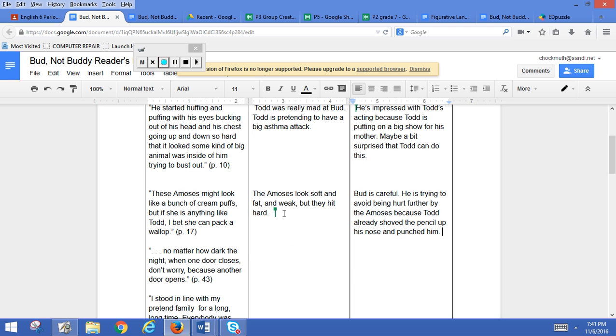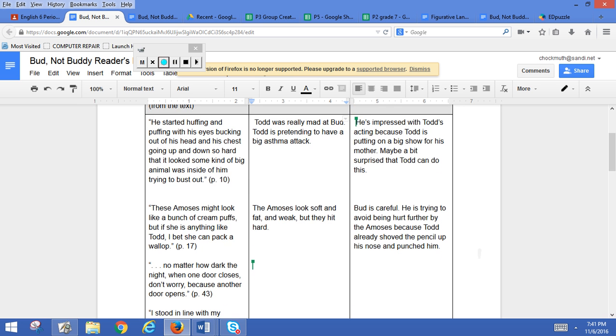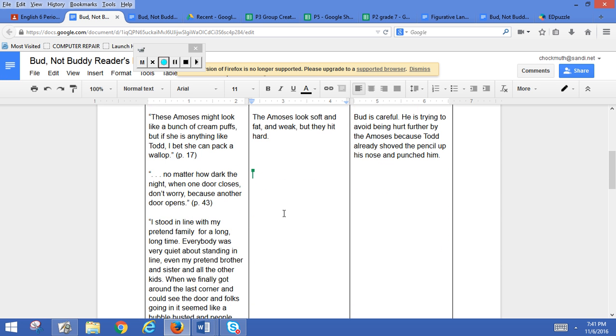Okay, now what you should do is talk to a partner and do these two. This is from page 43. No matter how dark the night, when one door closes, don't worry, because another door opens. So this one is a good one for you to practice on, because we talked about it in class last week, and it's a quote by Bud's mother, something that Bud's mother once told him.